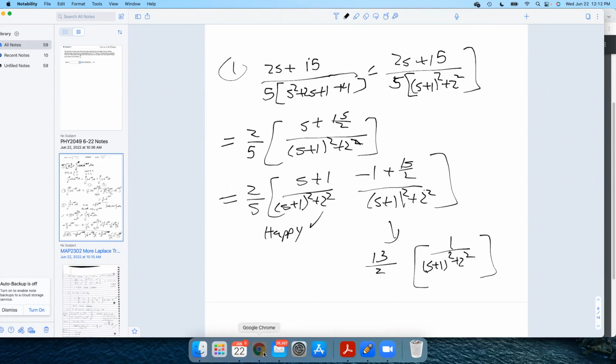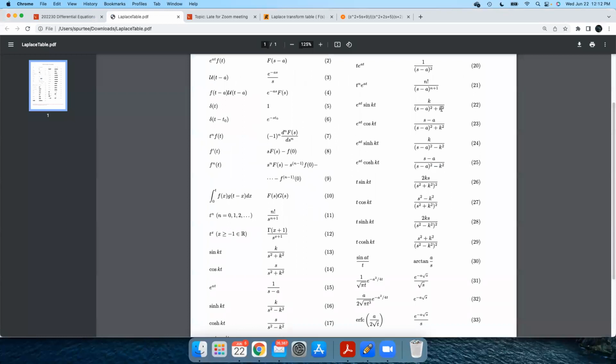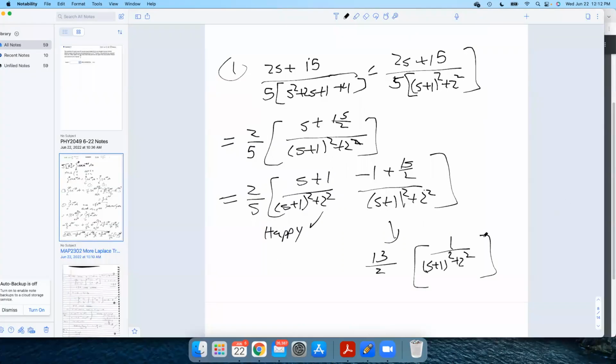The sine formula is supposed to have whatever's being squared here up on top. So I need a 2 up on top. So I need to put in a 2 here and bring out a 2. If I'm putting it in, I need to bring it out. Now it looks right.